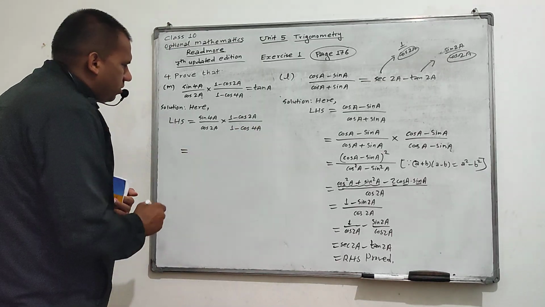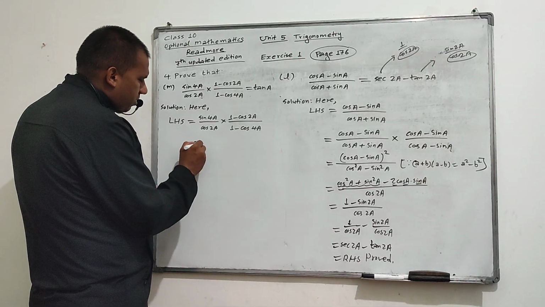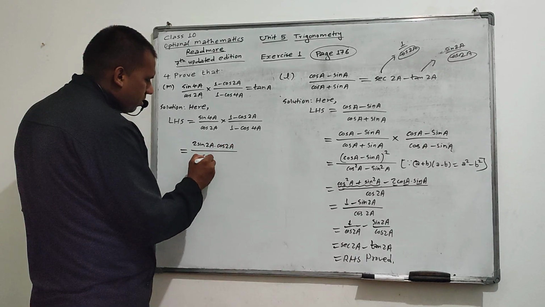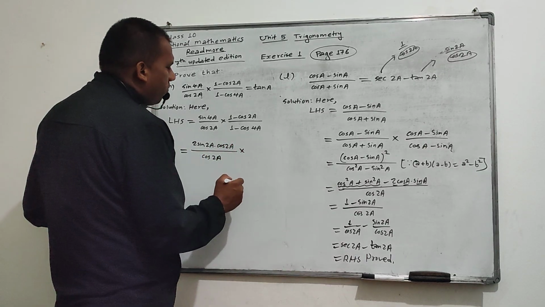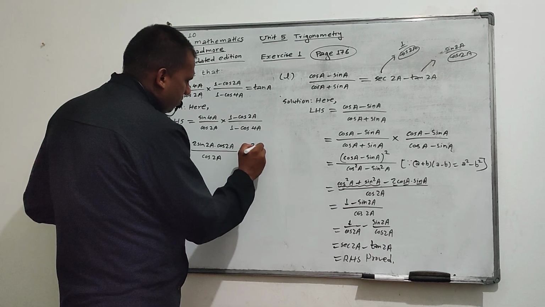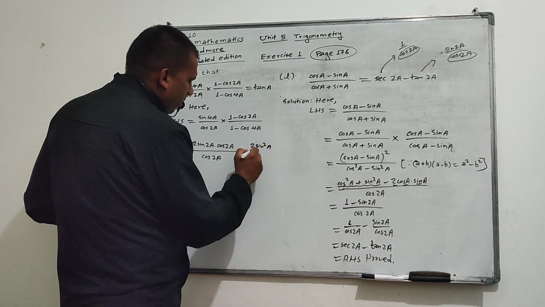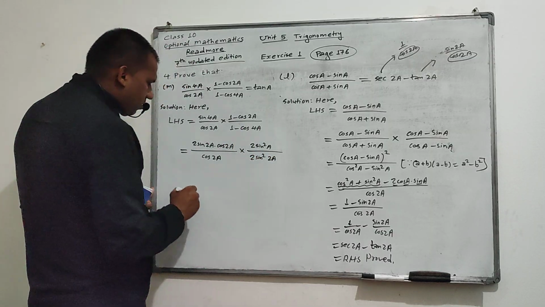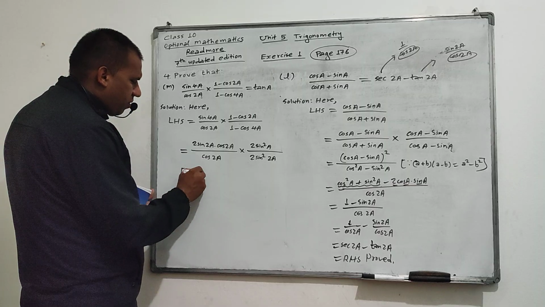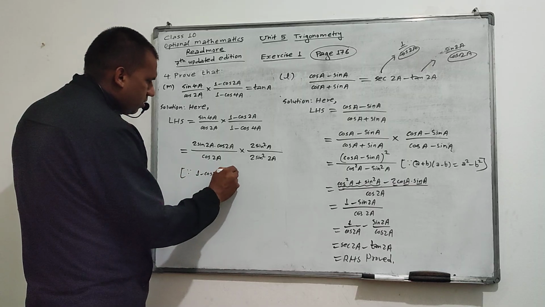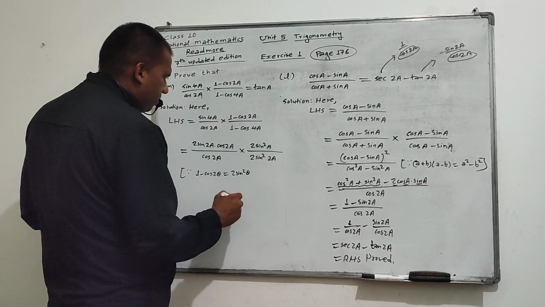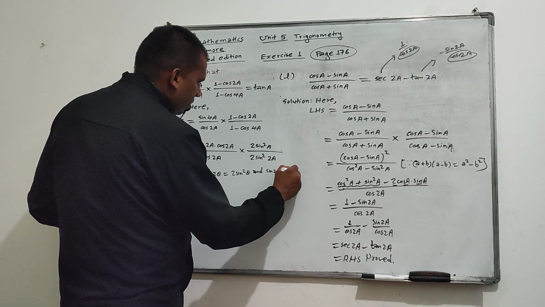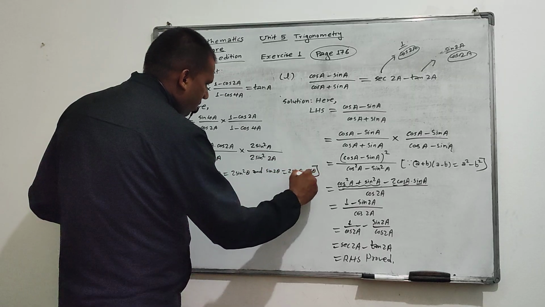Now this equal to sin 4A, that is 2 sin 2A cos 2A, whole upon cos 2A into 1 minus cos 2A, that is 2 sin square A, upon 1 minus cos 4A, that is 2 sin square 2A. Using the formula 1 minus cos 2 theta equal to 2 sin square theta, and sin 2 theta equal to 2 sin theta cos theta.